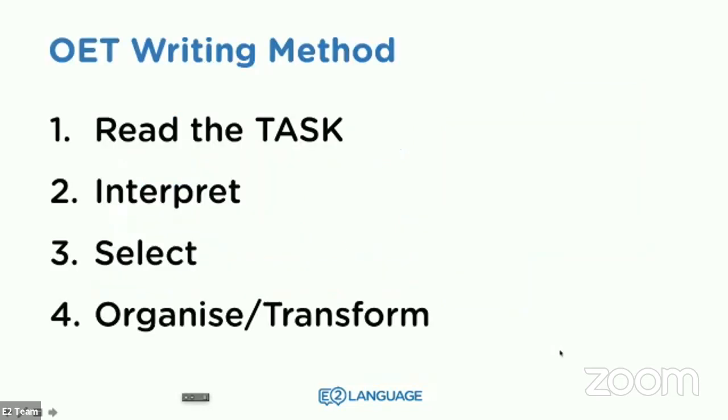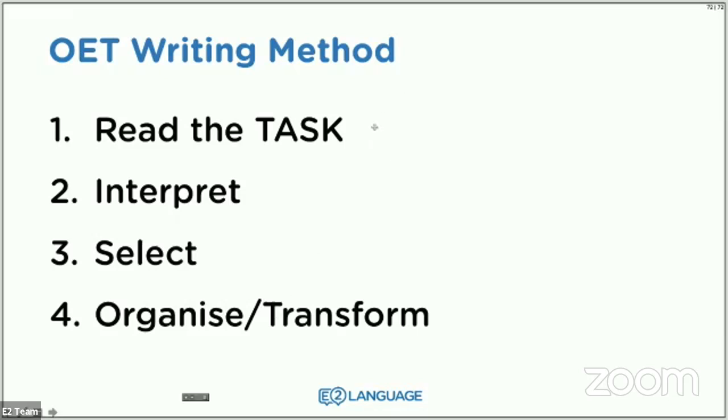In today's class, we're going to look at the OET writing method, which is that you read the task, you interpret the case notes, you select case notes according to the task, then you organize and transform them. In other words, you write it up. So what happens in the reading time? You need to read the task.